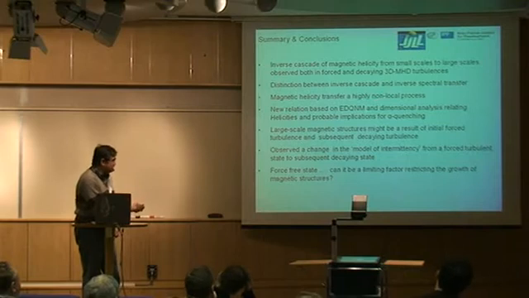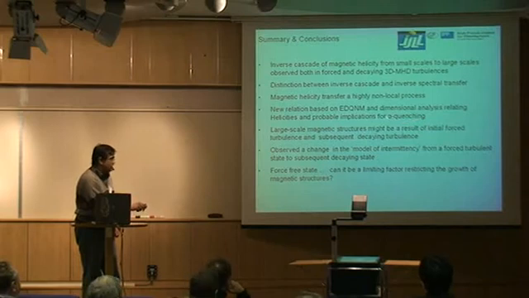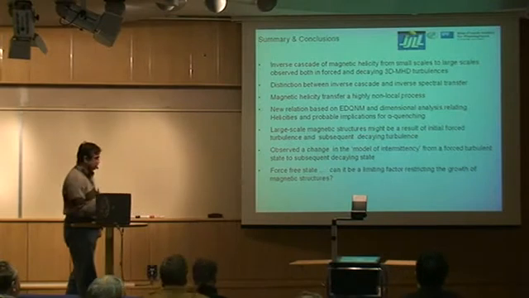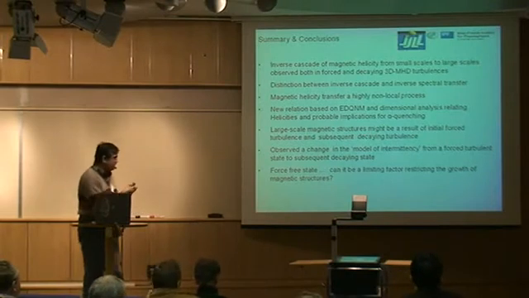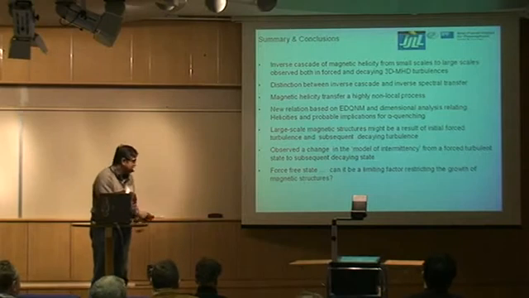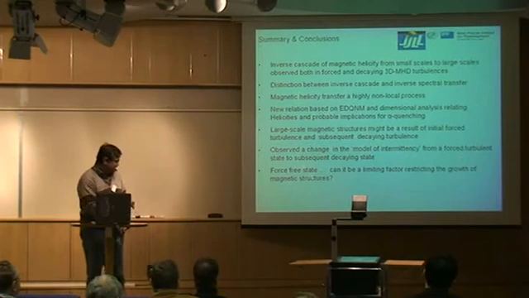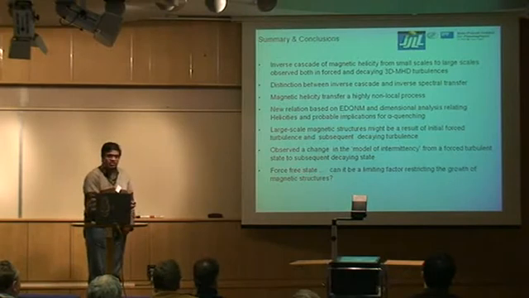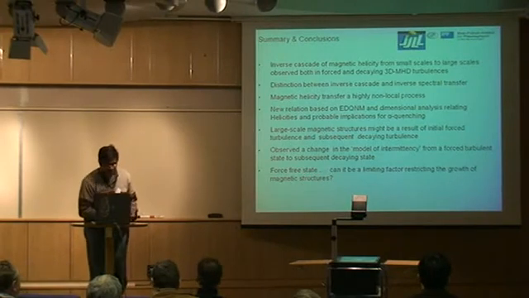And using EDQNM, we found a new relation and dimensional analysis, which could also be related to alpha quenching here. And the large scale magnetic structures might be a result of both forced as well as decaying. Both are needed to form large scale structures. And intermittency models change. And finally, I don't know whether I'm getting there, but I feel that I'm getting towards the force-free field of the magnetic field.